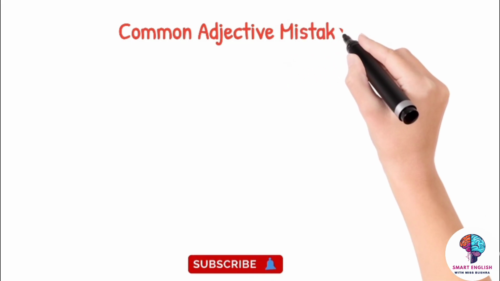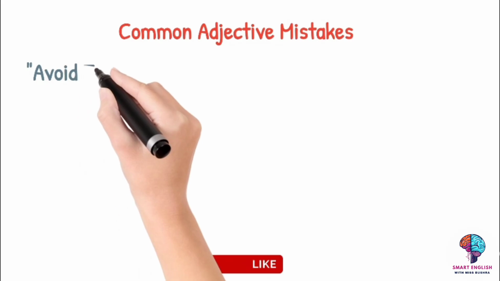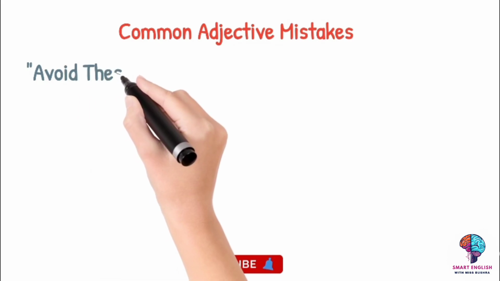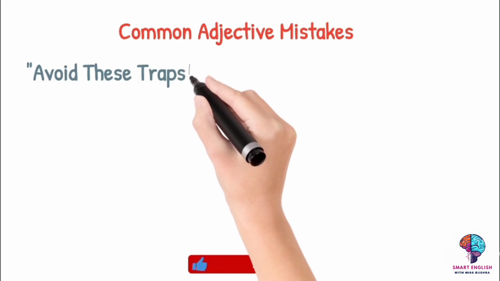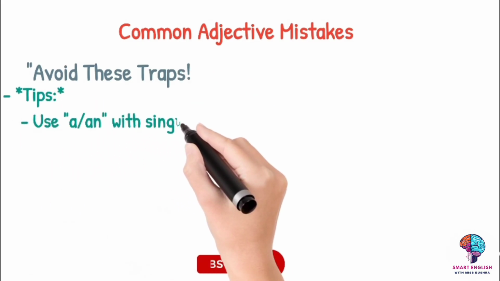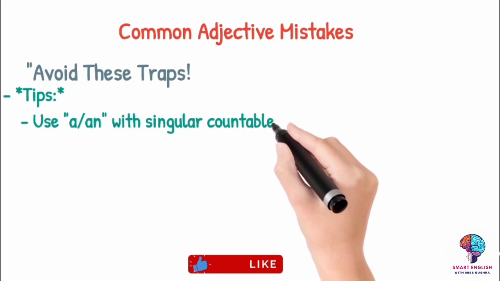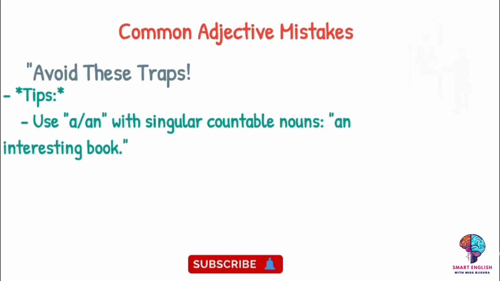Alright, common adjective mistakes. Now let's move to the mistakes. Yeah, very true. All the time students are asking me, teacher, kindly identify our mistakes whenever we are speaking or writing. Yeah, true. This is the right time that I am telling you your mistakes.